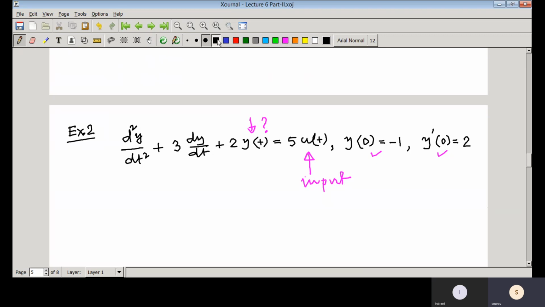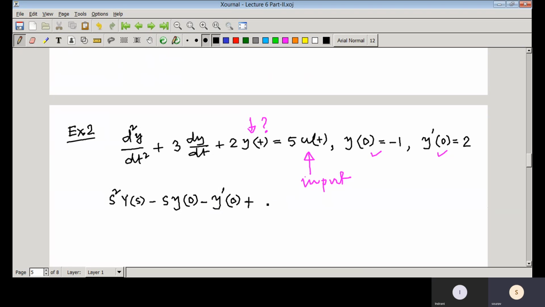First we will take the Laplace transform. The Laplace transform of the second order derivative term would be s²Y(s) - sy(0) - y'(0). We are just applying the Laplace transform formula, and here y'(0) is the first derivative at zero, which comes from the initial condition.